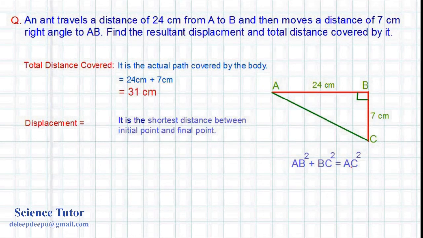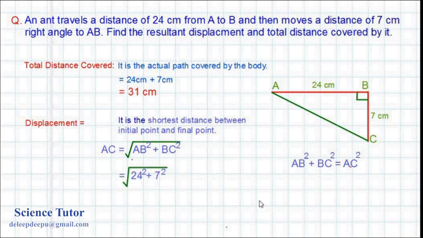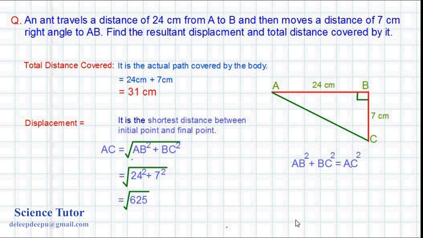So if you want to find out AC, we take the square root of AB square plus BC square, or square root of 24 square plus 7 square. That is equal to root of 625, and that is equal to 25 centimeters. So that's the answer for the second part.